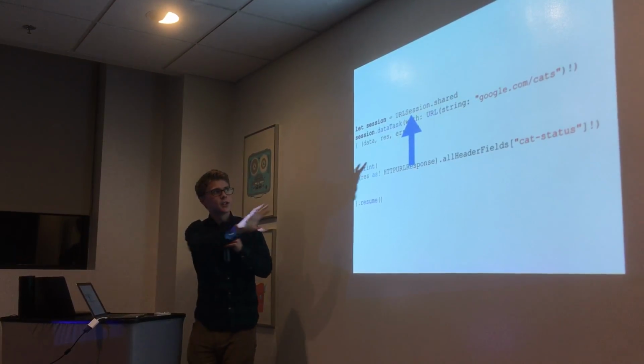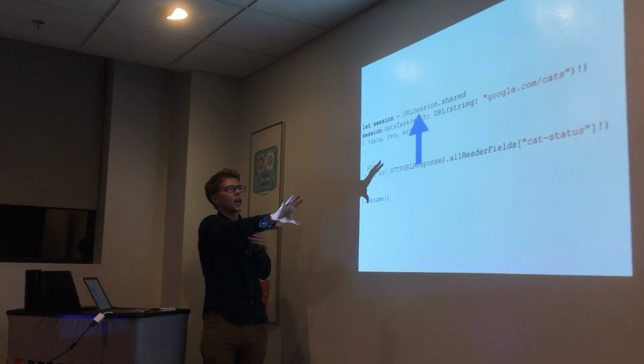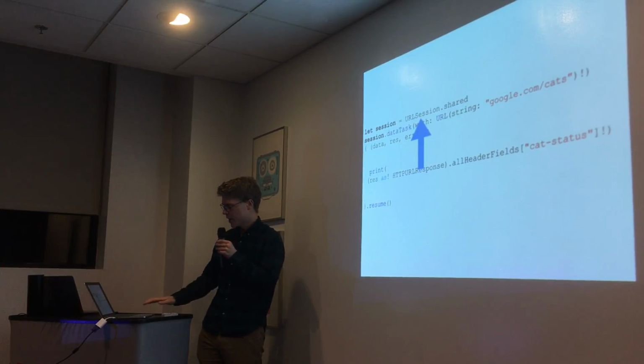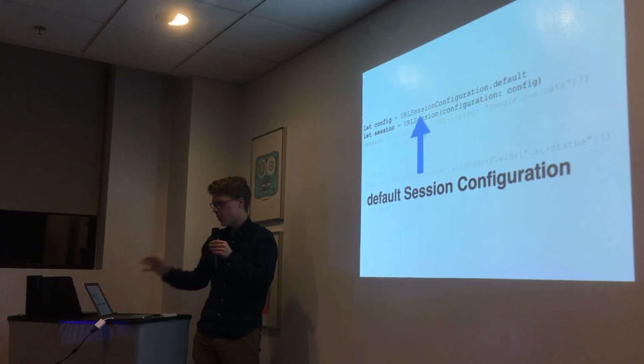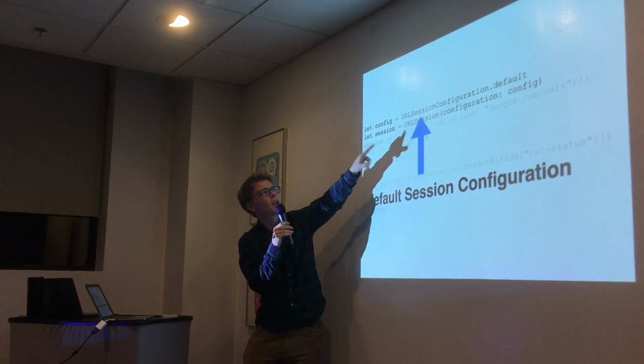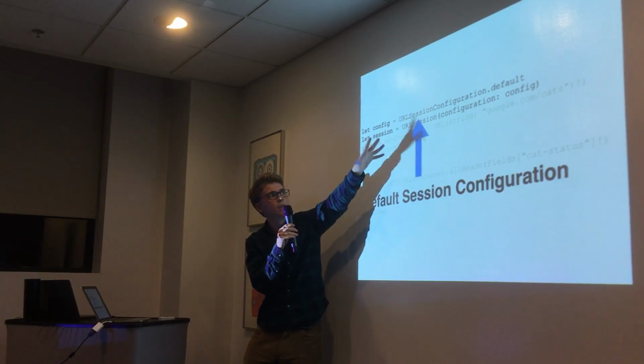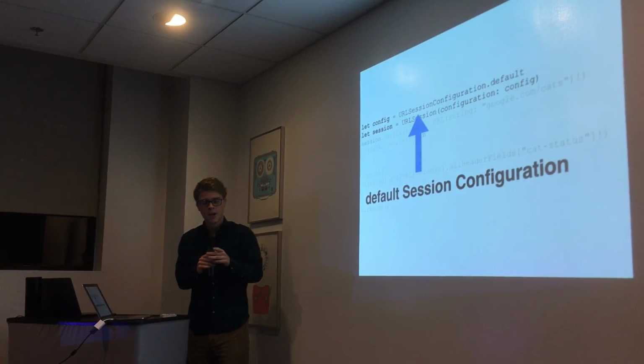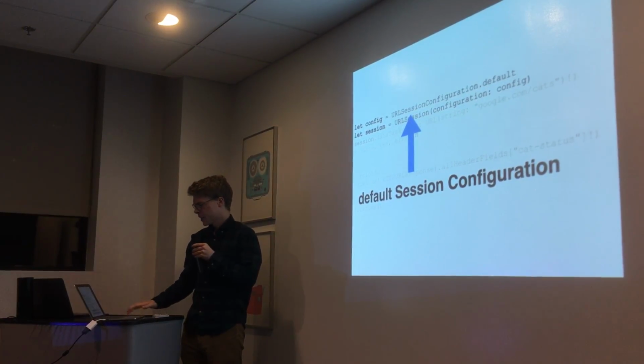So this was our example of loading google.com/cats, all was working well with a shared session. But if we change it to the default and instantiate a session with a custom configuration, which is the default session configuration, which Alamofire and AFNetworking both do, it will stop working.